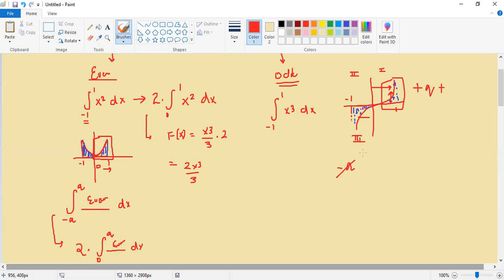And then our negative would just cancel out with our positive, and so we would be left with 0. So we have an understanding that for an odd function, on an interval from negative a to a, or in this case negative 1 to 1, the result would in fact end up being 0.